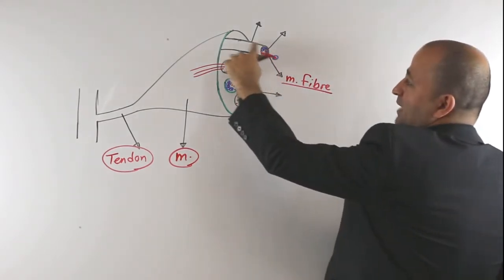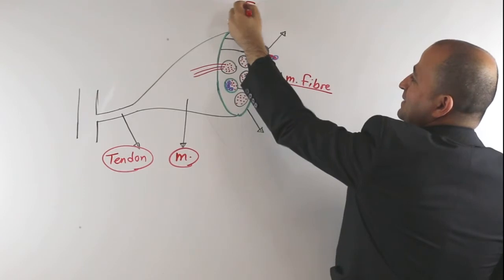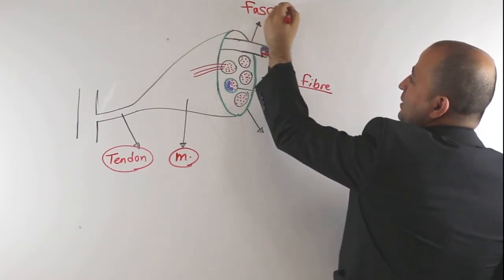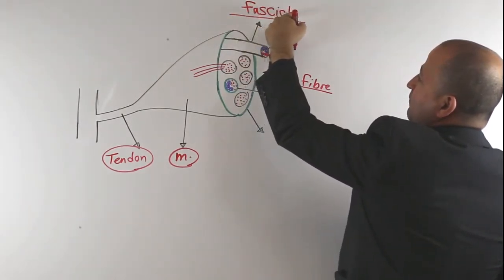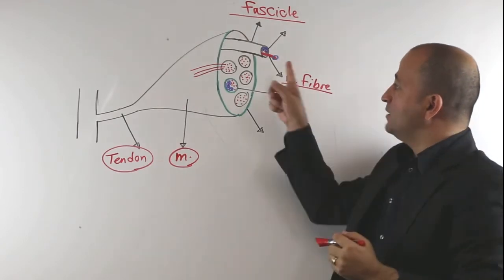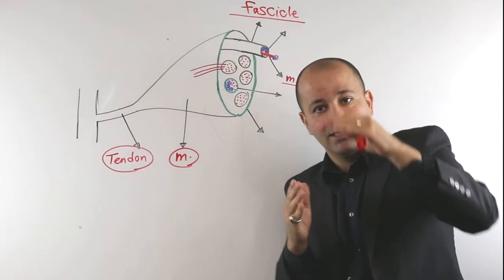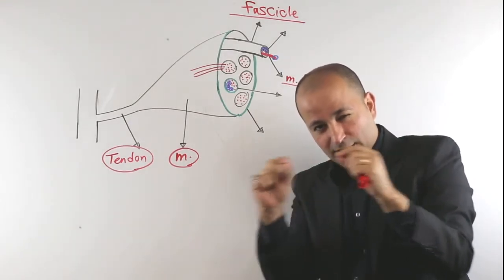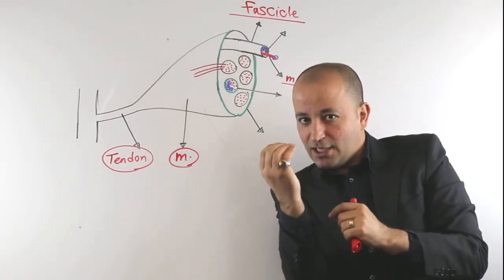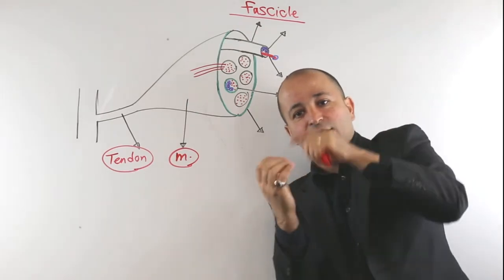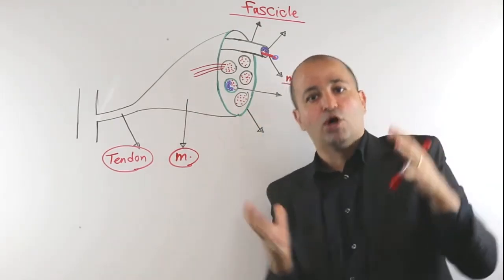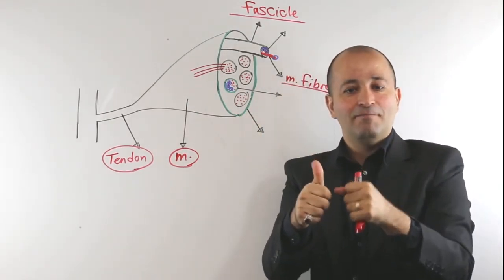Very good. So the muscle fiber, fascicle, the whole muscle. These are the three levels. The muscle fiber is the smallest unit, bundles of fibers form fascicles, and all the fascicles together form the whole muscle. See, so simple.